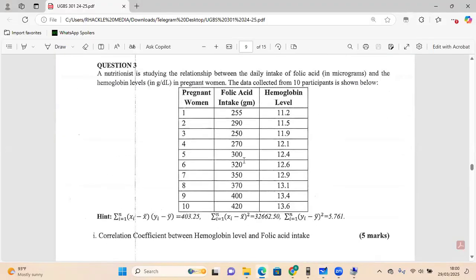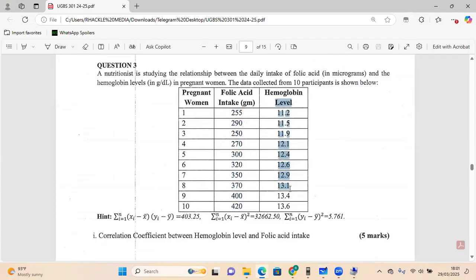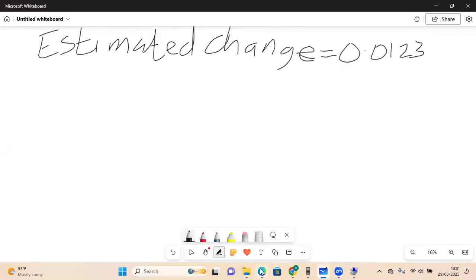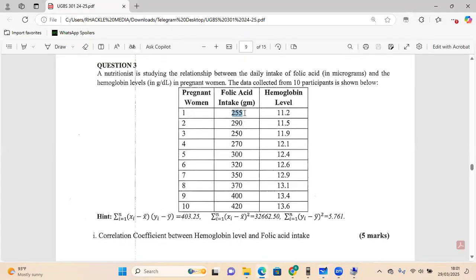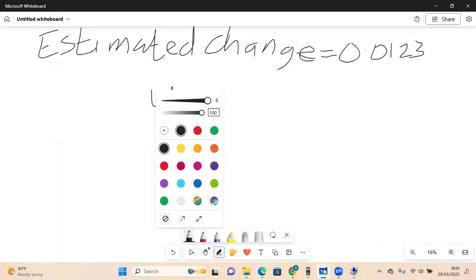Let's use the folic acid to be X and the hemoglobin level to be Y, right? So here is the total cost, and here will be the per unit, the X's, right? So let me just take 255 and 11.2.